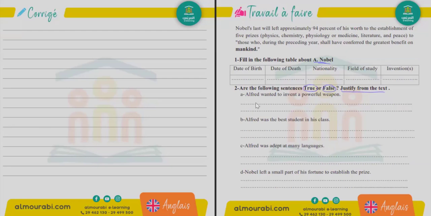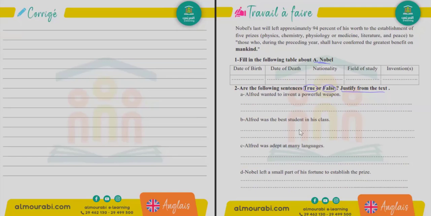Before that, let's read these statements first. Hiba, would you read the first one and all the others? Yes, go ahead, Ruslan. Alfred wanted to invent a powerful weapon. We will see if it's true or false. Next one. Alfred was the best student in his class.